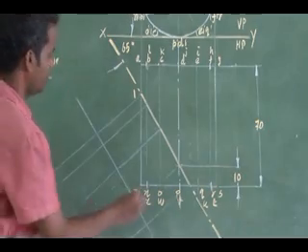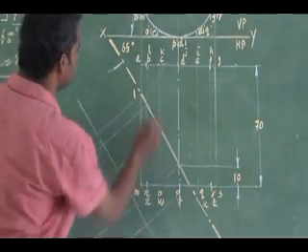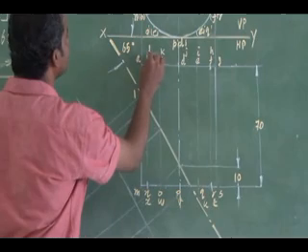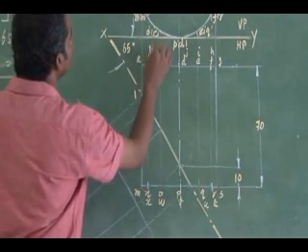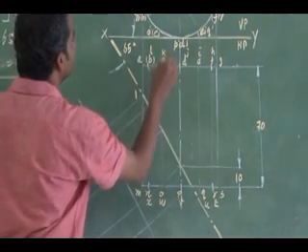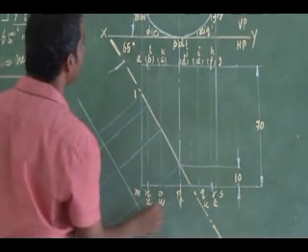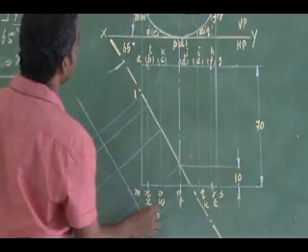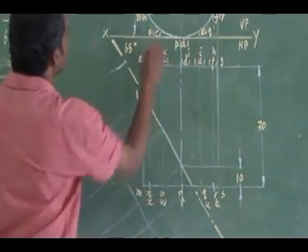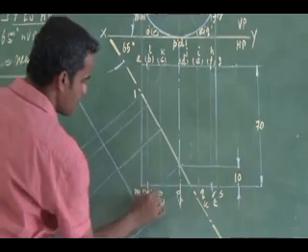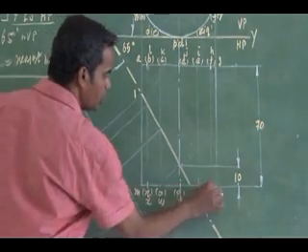The hidden points I will mark as well. This is my B, C, D, E, and F. Here the visible points are N, O, P, Q, R.